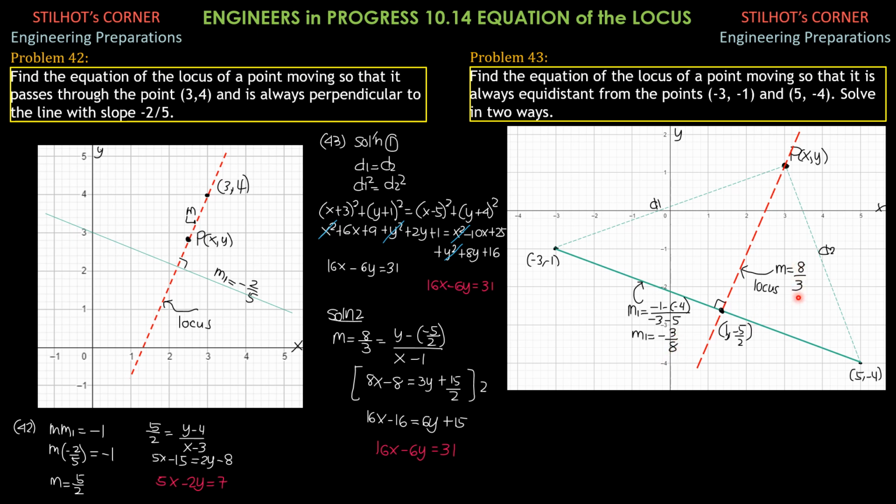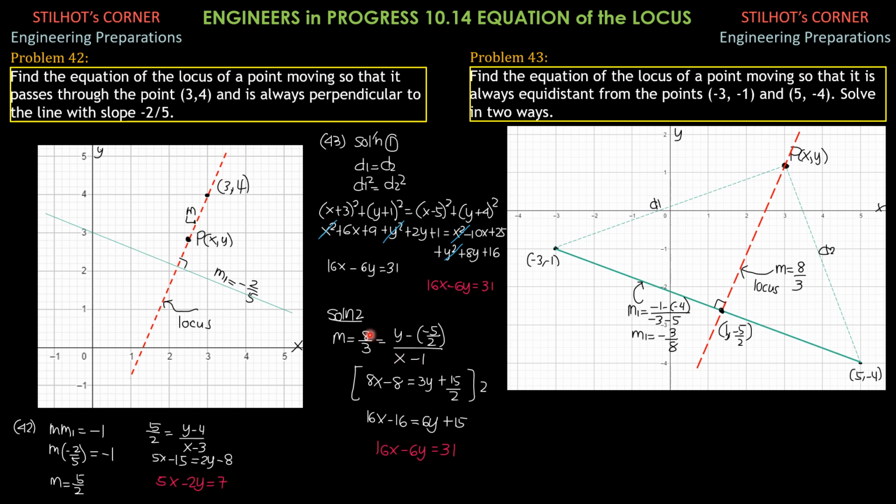Then we apply the definition of slope. 8/3 is y minus negative 5 halves over x minus 1.